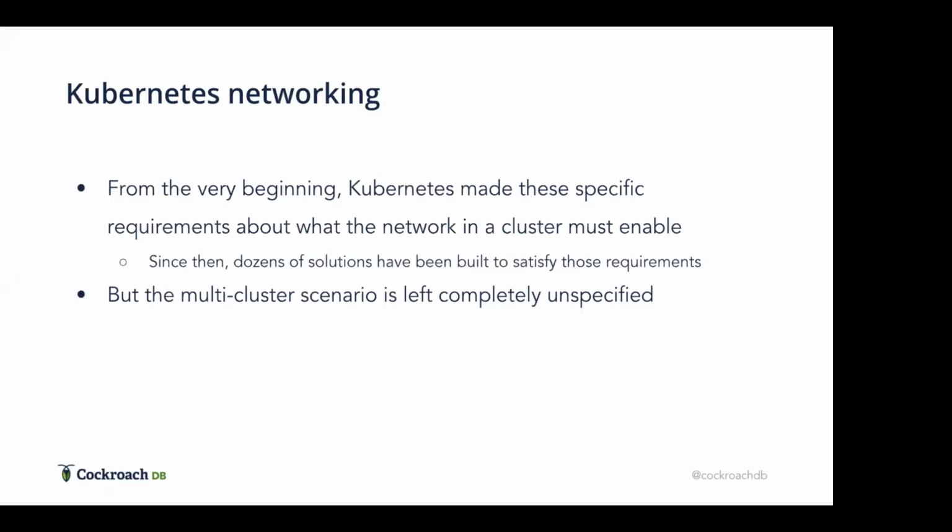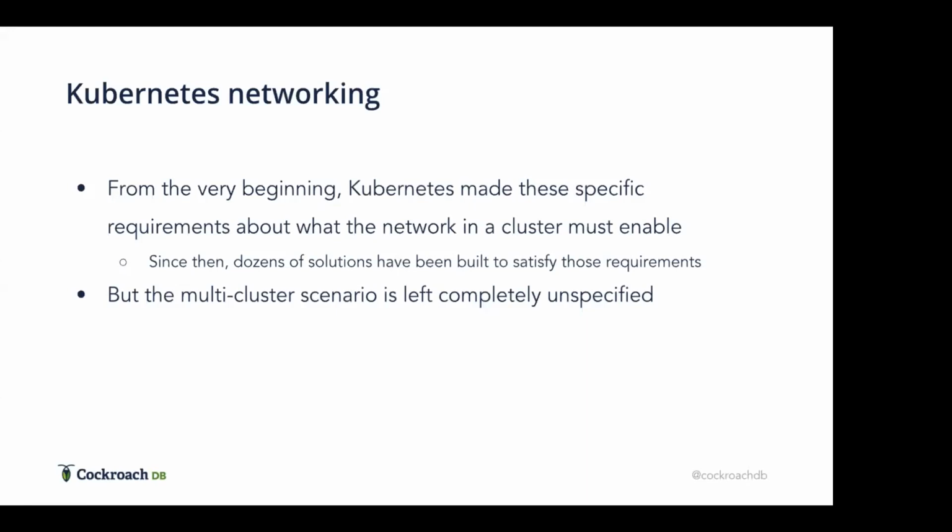A cluster that works on GCE might be working a little differently than one that runs on AWS, versus one that runs on-prem using a particular piece of networking software, versus one that's running in DigitalOcean using some other networking software. And because the multi-cluster scenario is left completely unspecified, all those little implementation details of the different networking solutions become really critical because they aren't trying to provide any sort of guarantee about how multi-cluster works.